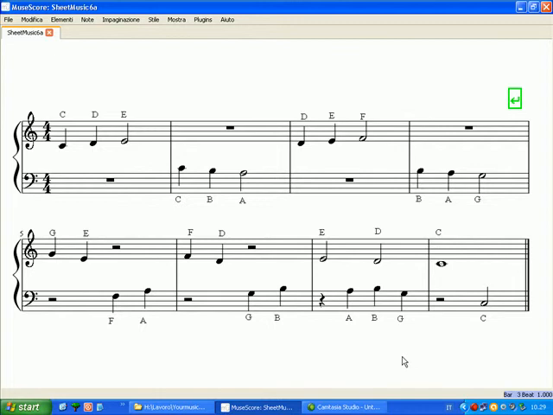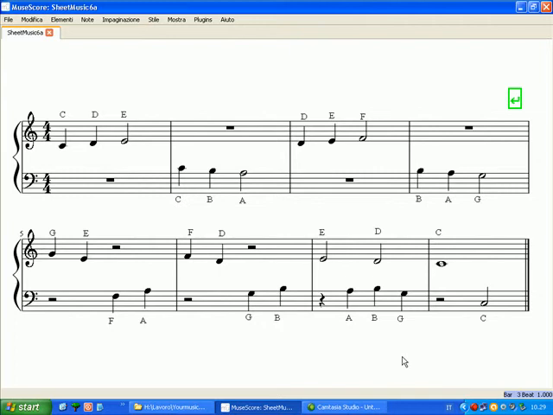So now we are able to do this very well. Before we start playing the piano, I want to suggest a very important thing, and it is this.